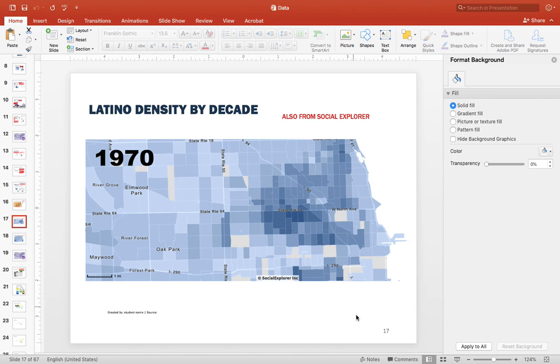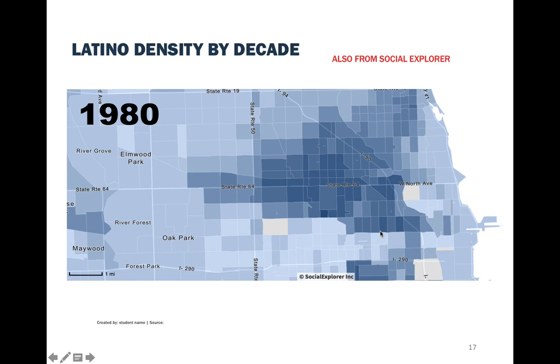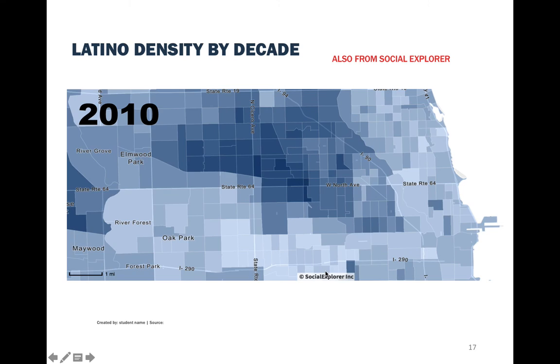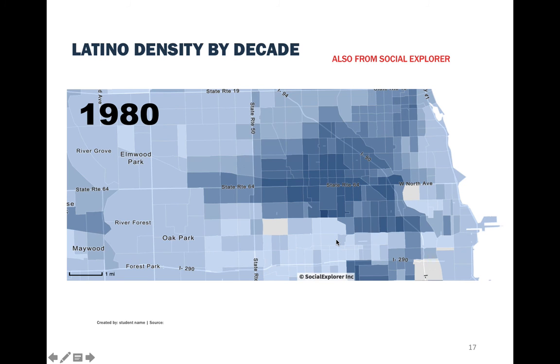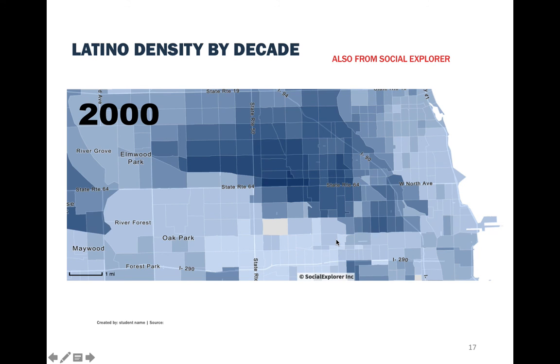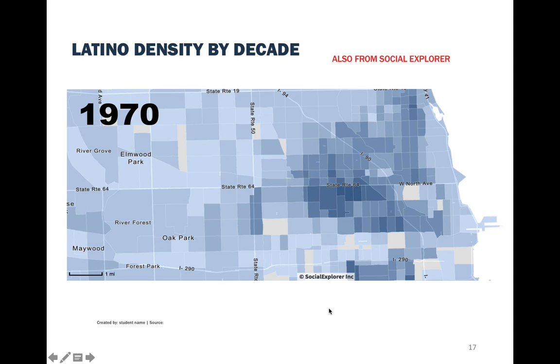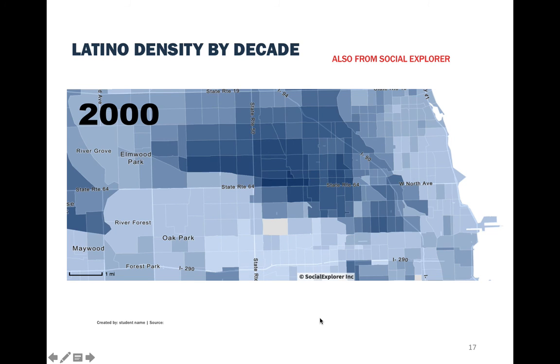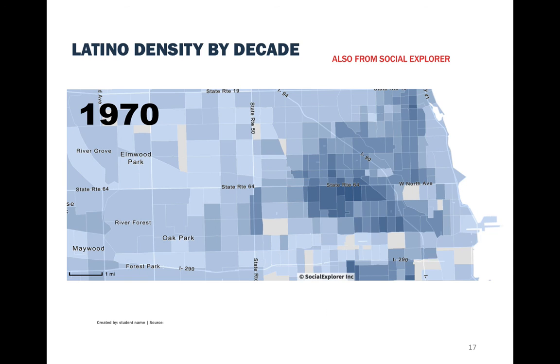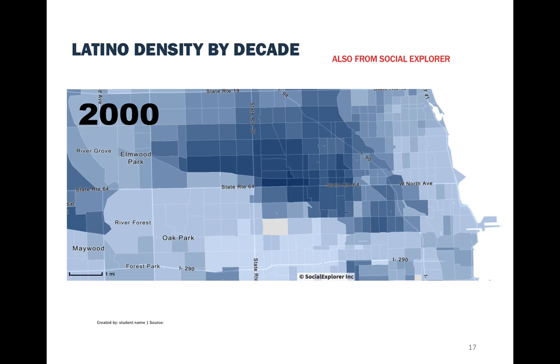Just in case people were more interested to look at the Latino population, because it's again 50% in the West Side, but in the 1970s, it wasn't like that. So it'd be interesting to show an animation of that as well. And as I said, I did this animation by making a little video, but you don't have to do that. You can show each slide, and in that way it kind of becomes animated.